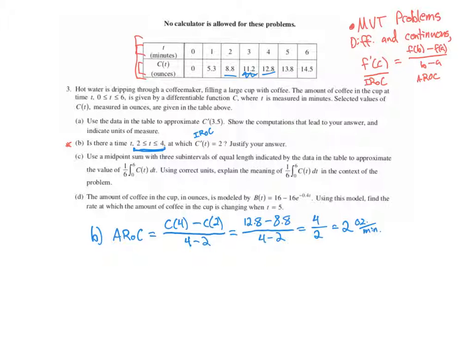And what we can do here is reason that because it says that C is differentiable, we can start writing and say, because C is differentiable, it is therefore continuous.